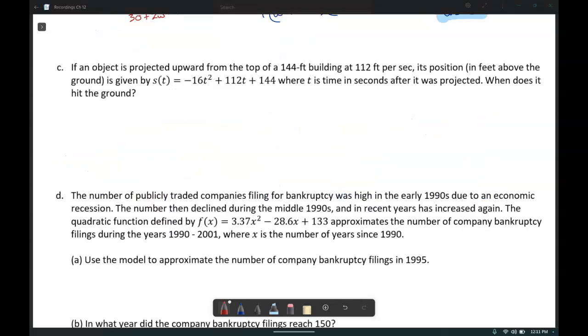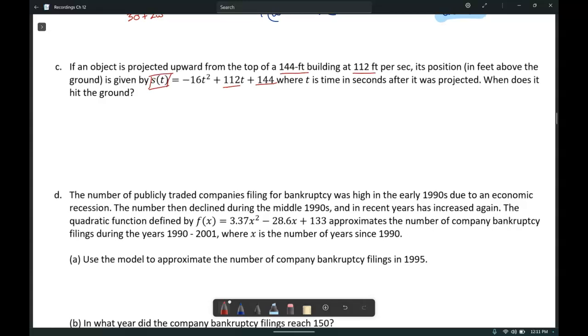Here we have a projectile motion. We have a 140-foot tall building, which is our starting height, 112 feet per second initial velocity, and we have a function, s of t, that models its position at any given time.